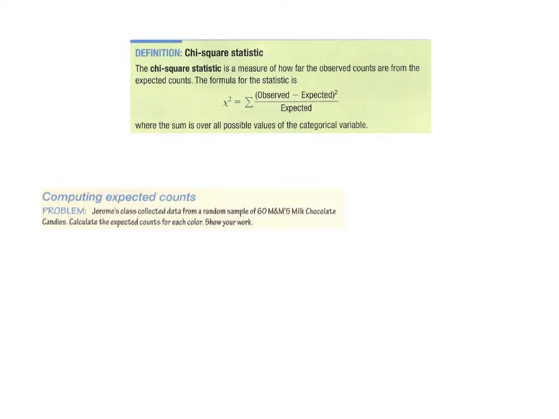So when we're doing chi-square testing, we are comparing what we actually saw in our sample, our observed, to what we expected to see in our sample. This is a kind of significance test, so I'm still going to need a null hypothesis and an alternative hypothesis.